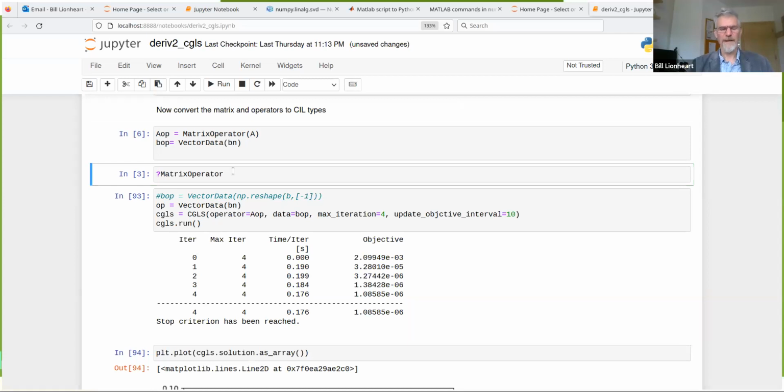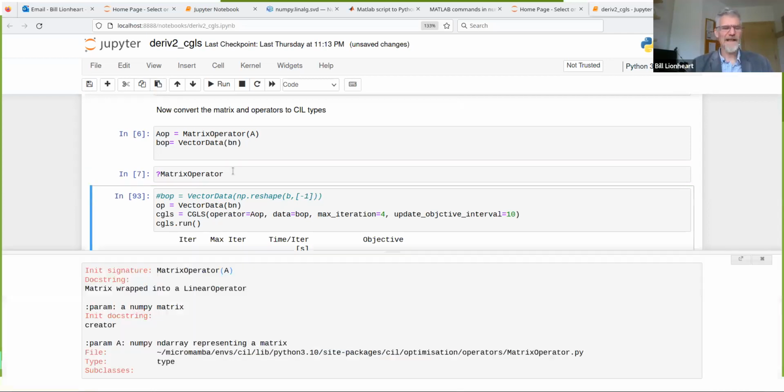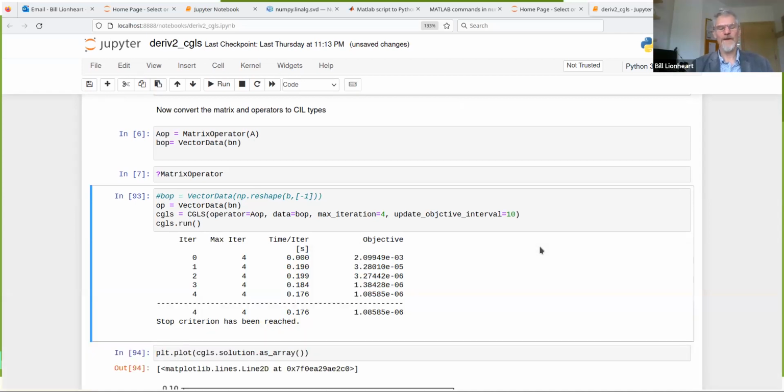I suppose I put that in there so that you can actually do help on matrix operator. But of course, you can look at the documentation for the CIL on the CIL website as well. I guess I'd already done that.